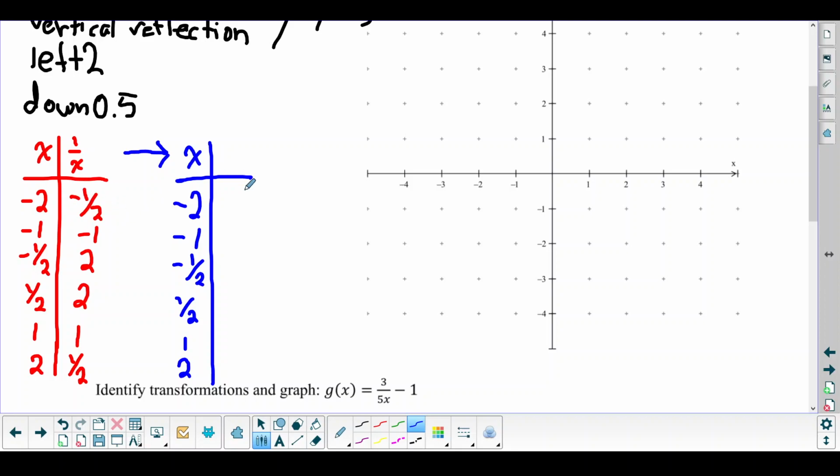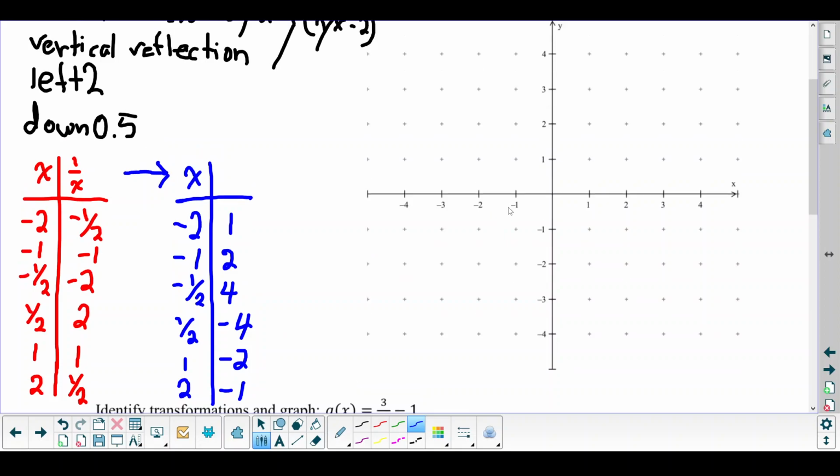So -1/2 times -2 is 1. -1 times -2. Oh, I just realized something. I missed a negative sign over here. That was about to screw me up. I'm glad I caught that. Okay, -1 times -2 is +2, and -2 times -2 is +4. 2 times -2, -4. 1 times -2, -2. Half times -2 is -1.